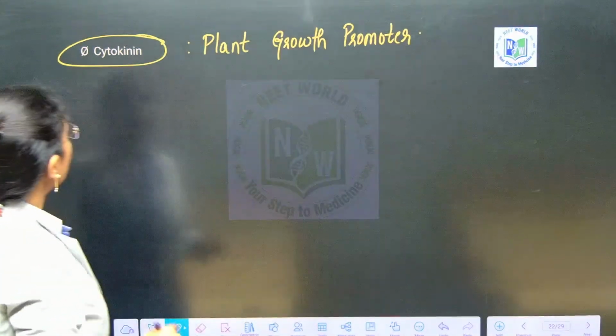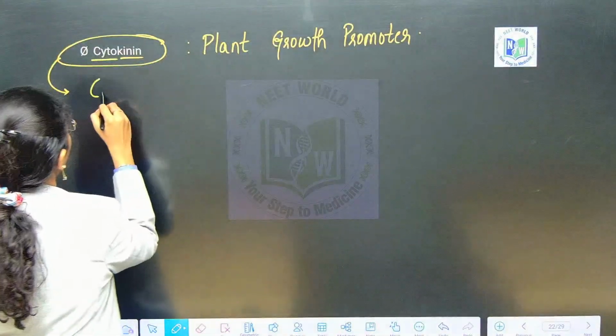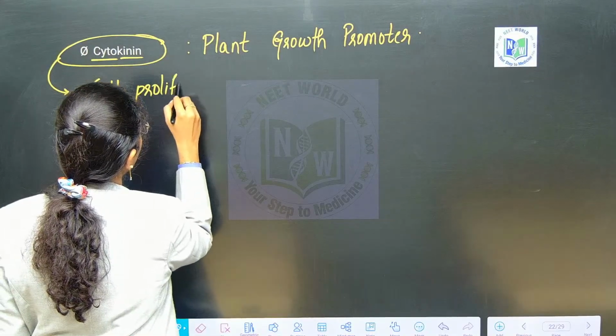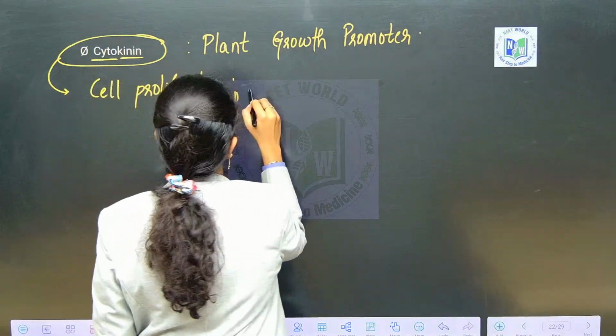Fine. So, cyto, which means cell, kinin, which is movement. The name of the hormone itself is saying out. The main activity that cytokinin performs is cell proliferation and nutrient mobilization.